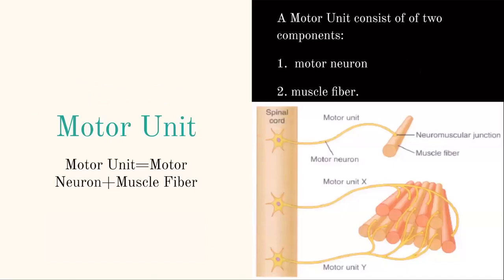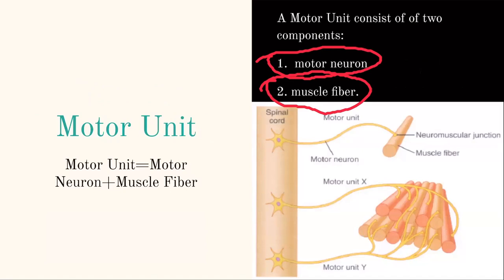So a motor unit consists of two components. One, you have the motor neuron, and two, you have the muscle fiber. So the way I think of it is motor unit equals motor neuron plus muscle fiber. So you have the cell body here, and you have the neuron, and then you have the muscle fiber.